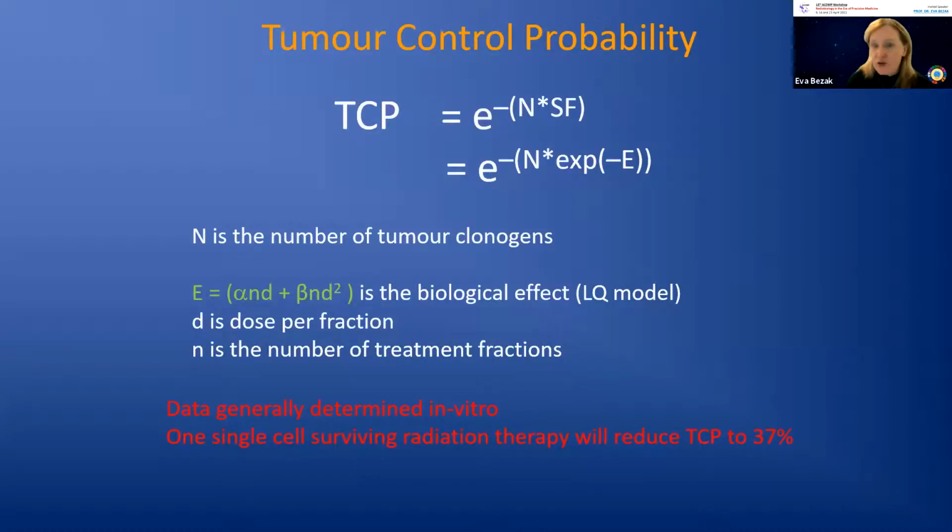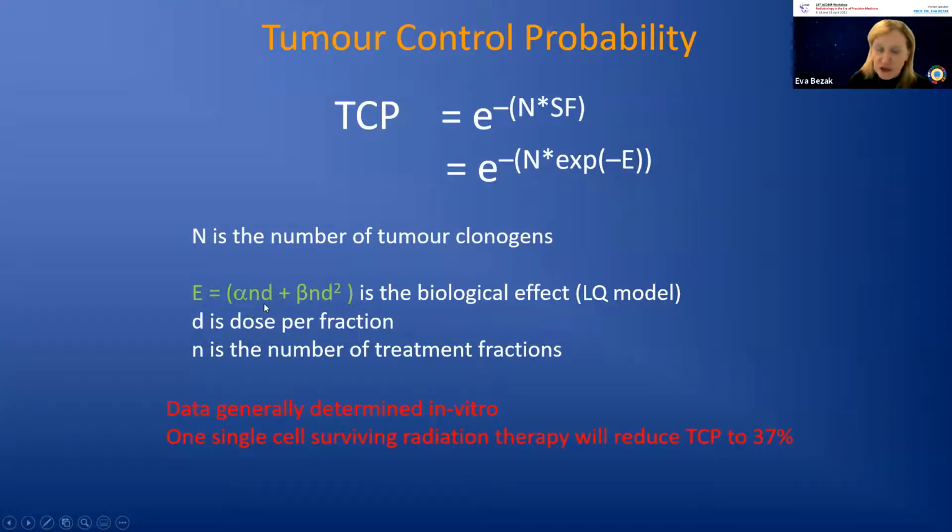So the tumor control probability is yet another exponential function where it is equal to e to the minus N times surviving fraction, where N is the number of tumor clonogens or clonogenic cancer stem cells, where we can then substitute the linear quadratic model for the surviving fraction. So it's really a double exponential.